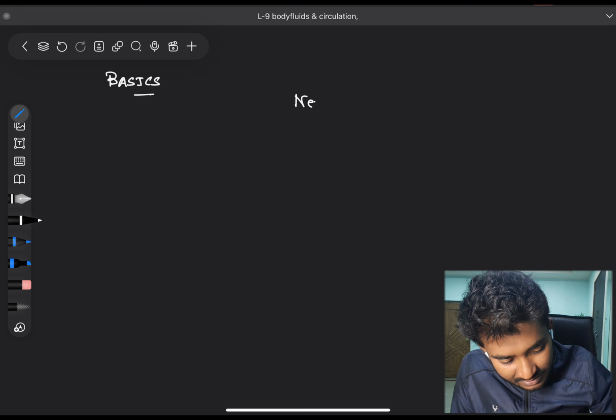The peripheral nervous system can be further differentiated into the somatic nervous system, while it is also differentiated into the autonomic nervous system.